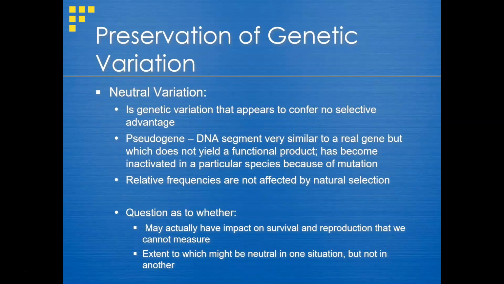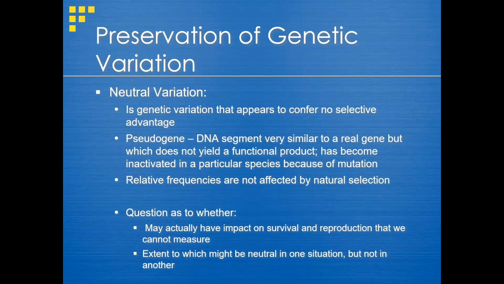We've also got this idea of neutral variation. There are definitely situations where a certain trait, certain allele, doesn't seem to confer any selective advantage at all. And so we could talk about these things called pseudogenes. This is just a DNA sequence that is similar to a real gene, but doesn't really produce any functional product.